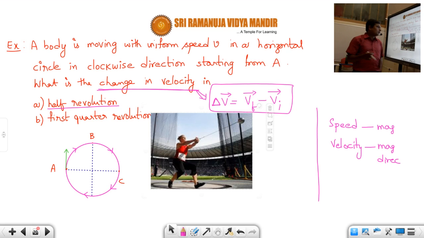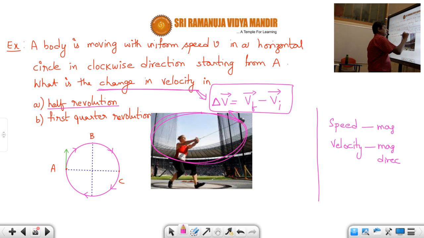Okay. So now as he is rotating, it moves like a circle, a horizontal circle. And at whichever point you release, it will go in that direction, students. Suppose if you release at this point, it will go here. If you release here, it will go here. I hope, students, you understood.